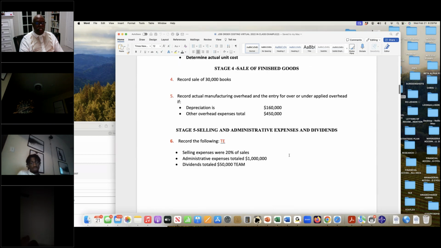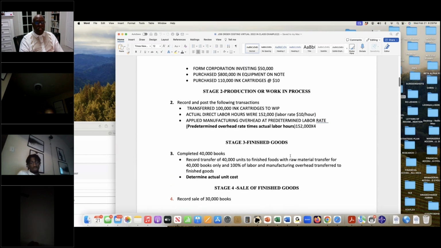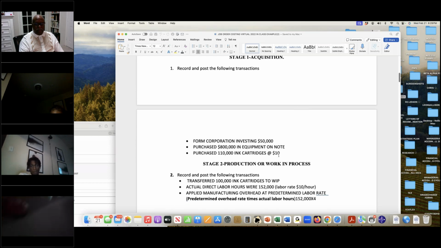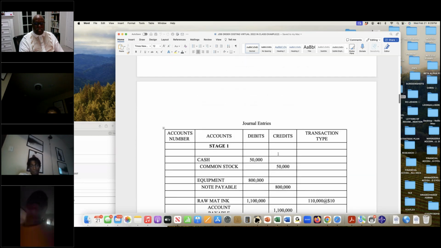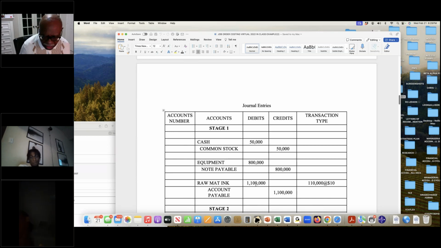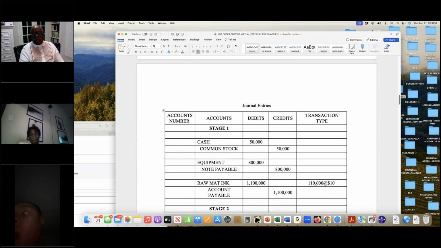Our third transaction in stage one is where we bought the raw materials. We bought 110,000 ink cartridges at $10 each. The entry is always debit raw materials, credit accounts payable. We got 1,100,000. How did we get it? We had 110,000 ink cartridges. They cost $10 each.